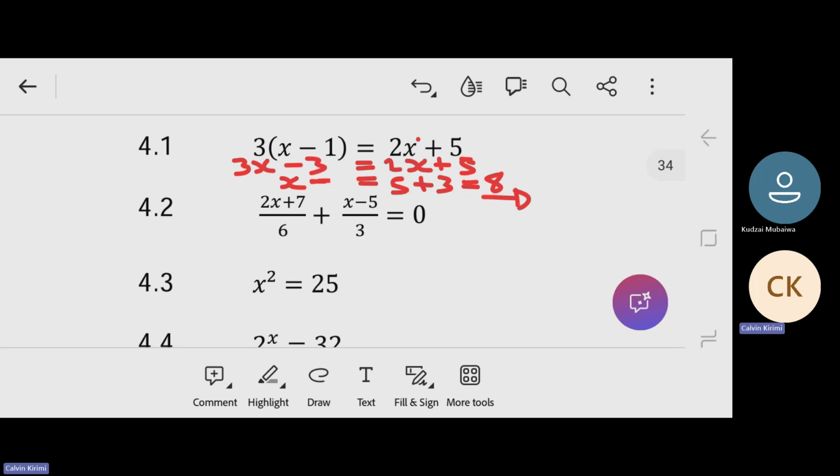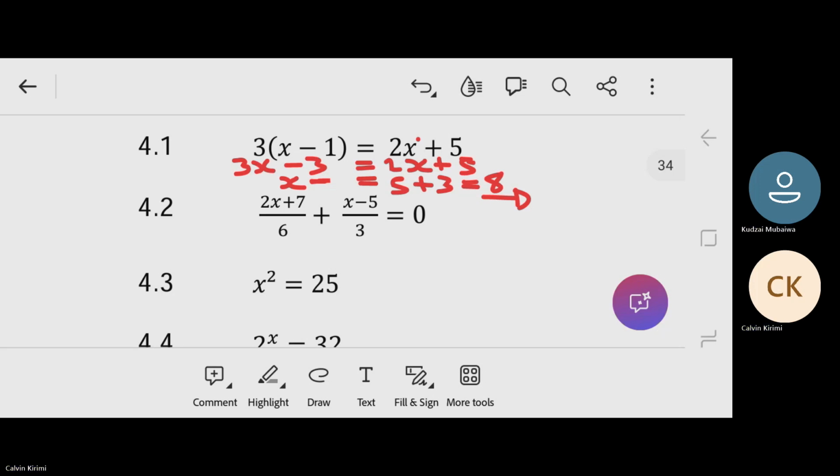What did I tell you you are supposed to do first? We must get the denominators to be the same and get rid of the denominator. We don't want fractions. So which number are you going to multiply by if you don't want fractions? You want a linear equation. What number are you going to multiply by?